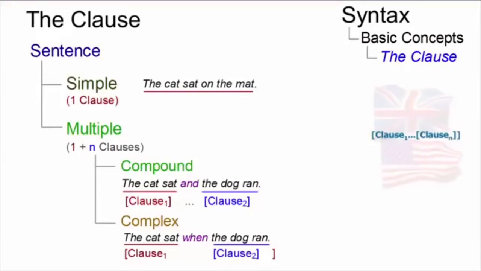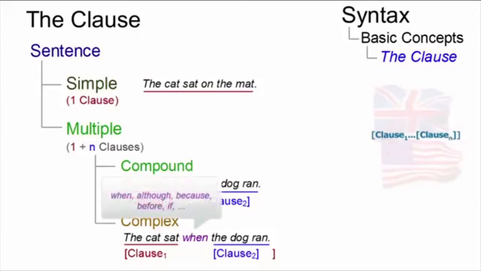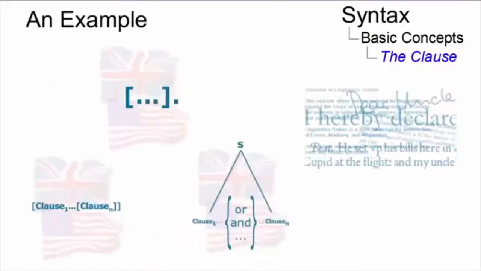The connection between the clauses is often signaled by means of subordinating conjunctions such as when, although, because, before, if, and so on. In many cases, especially in written English, multiple sentences often combine coordinate and subordinate structures.